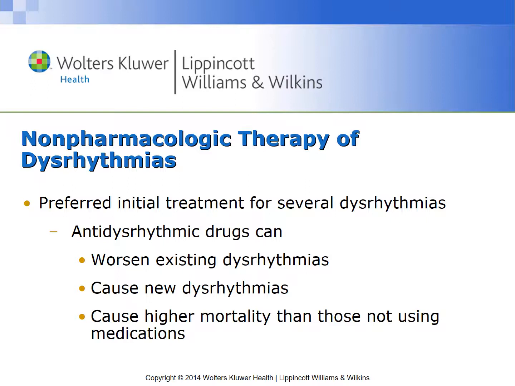So if we can treat it without antidysrhythmias, that's wonderful. Such as, and here again, it's why we want to know what the cause is. If it's an electrolyte imbalance, we can definitely get that taken care of. If it is too much caffeine, we can take care of that. So that's why it's important to try to figure out what the cause is.